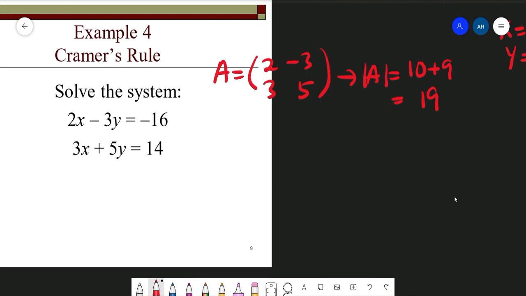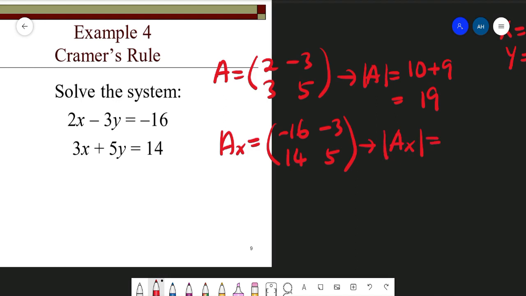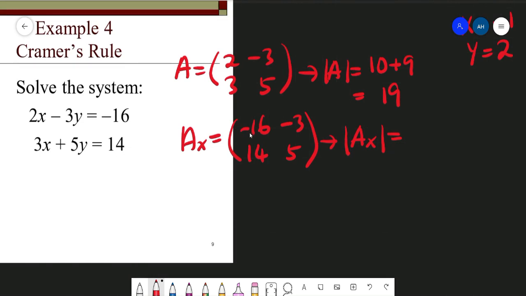Right, for matrix Ax, we have negative 16, 14, and negative 3, 5. Now, let's find the determinant of Ax. Negative 16 times 5 is negative 80.